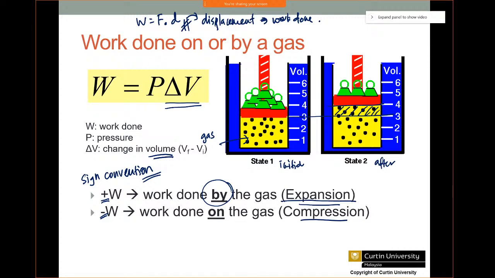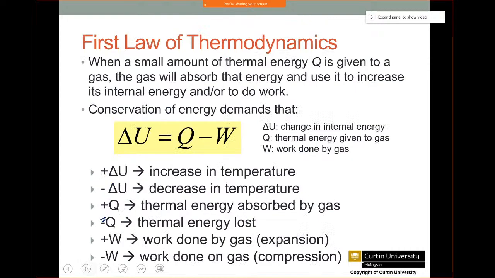So my advice is memorize them. Not much to memorize. If the gas is doing the work, you have positive. If the surrounding is doing the work on the gas, you are being suppressed passively, then it will be negative work done.